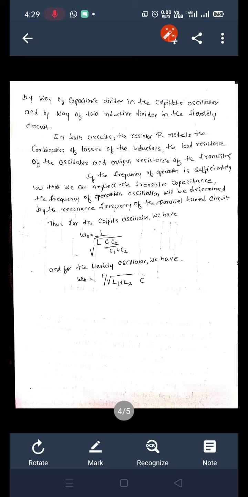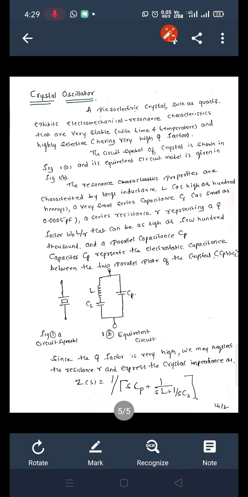Now the next one is the last oscillator, known as the crystal oscillator.